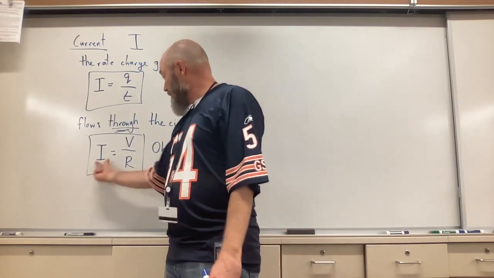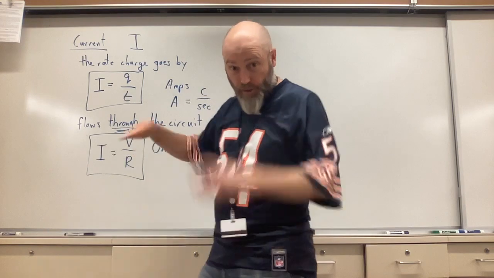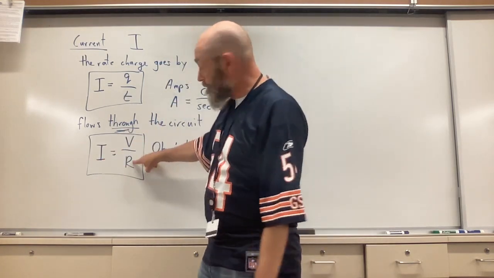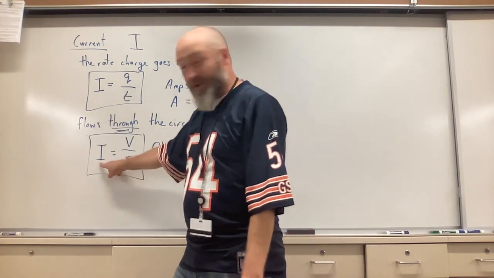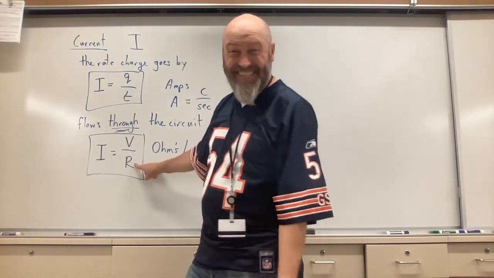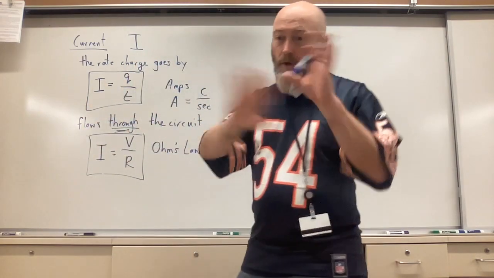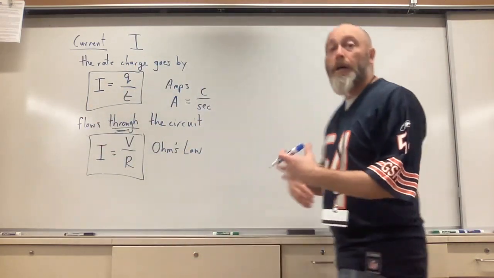If you have a bigger voltage, bigger potential difference, you're going to get more current. If you have more resistance, you're going to get less current, because resistance resists current. So more of this, less of this. Hopefully that makes sense.